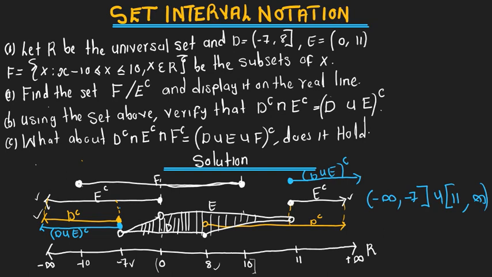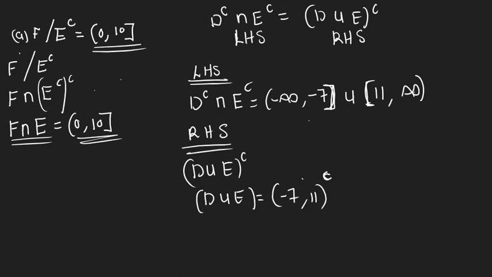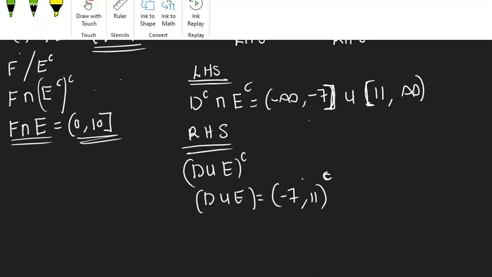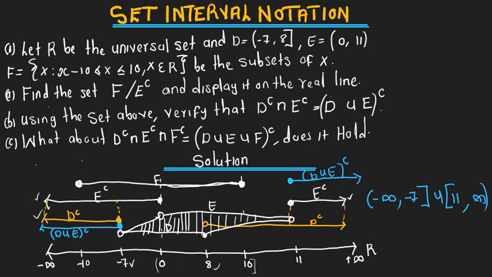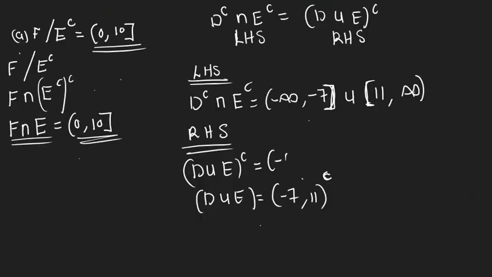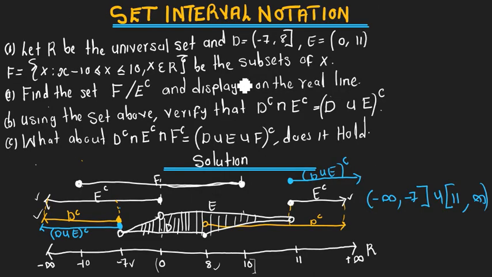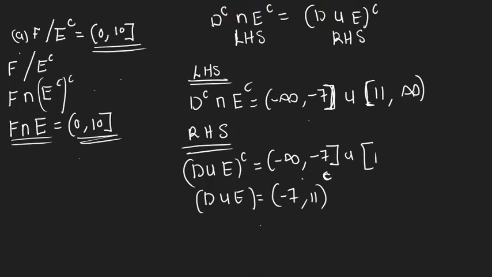Let's see if what we have there is what we have on the other side. We got a set from negative infinity to negative 7 included, the union of 11 all the way to positive infinity.